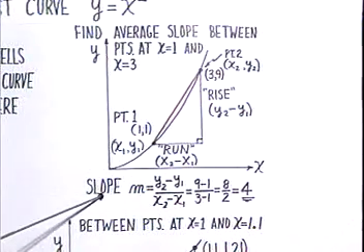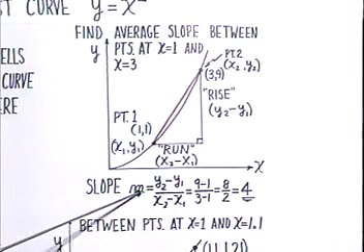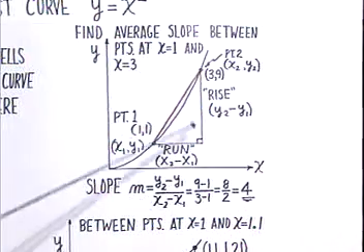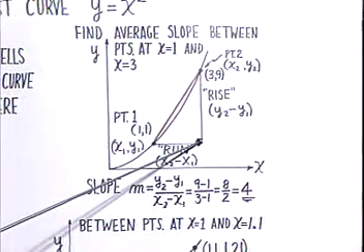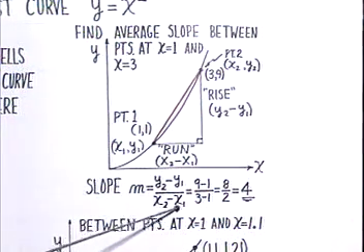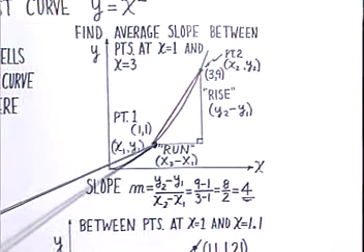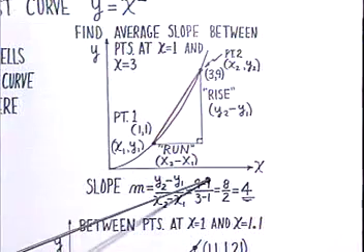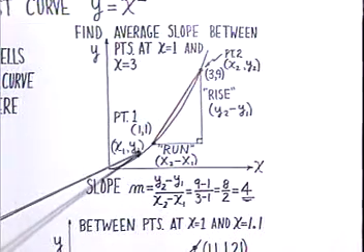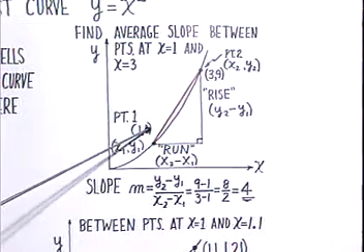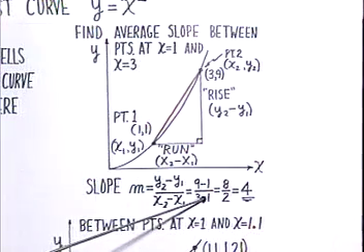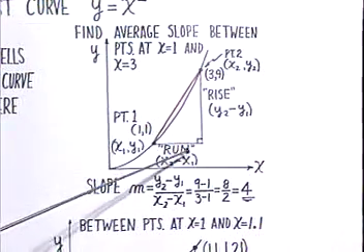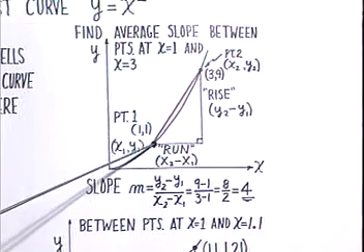All right, here's the slope. The slope m is y2 minus y1, the length of this line here, over x2 minus x1, the length of this straight line here. 9 is y2, minus 1, y1, over 3 minus 1 for x2 and x1.